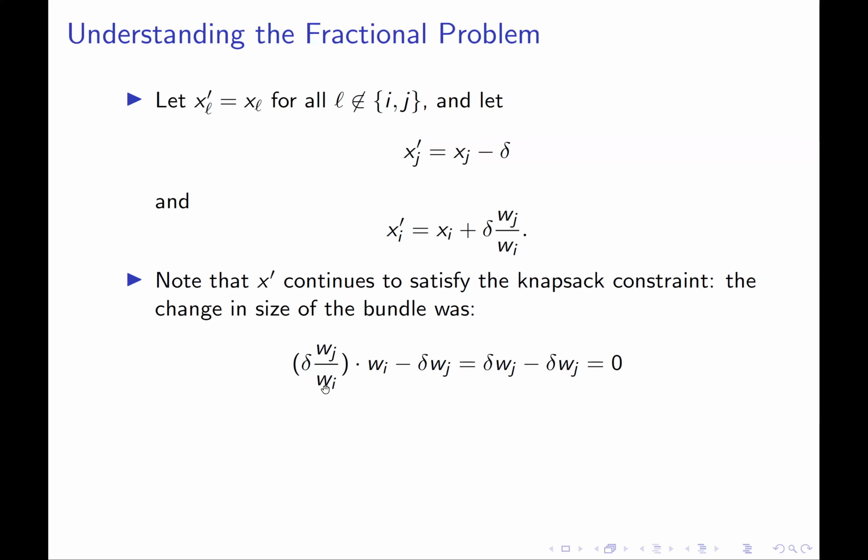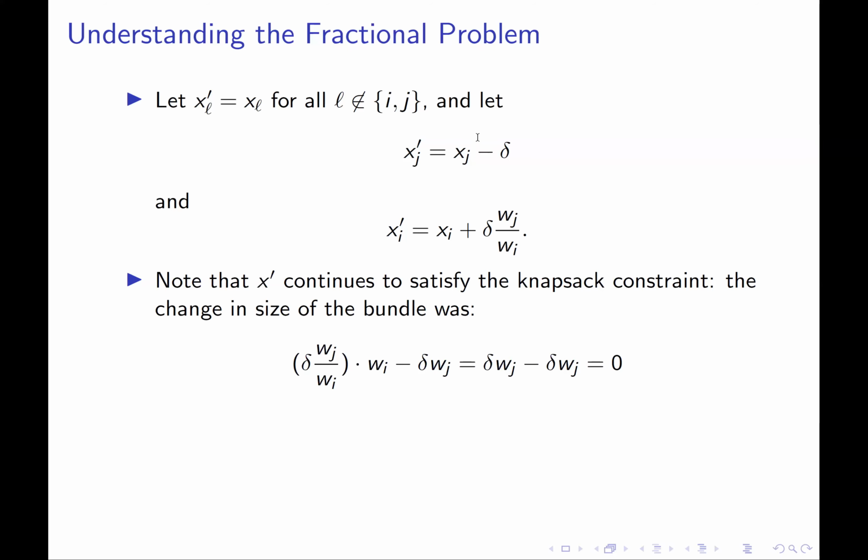And of course there's a cancellation here: delta times wj divided by wi times wi is just delta times wj. So we've increased bidder I's participation in the knapsack by exactly delta times wj.